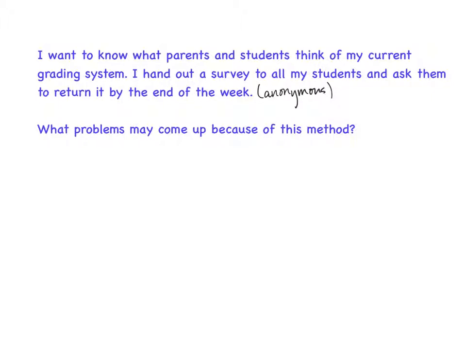So if it's really easy for people to not take part, so they're given the opportunity to take part, but all they have to do is throw away your paper, delete an email, ignore a piece of mail, then they're probably not going to respond. And that causes a non-response bias.